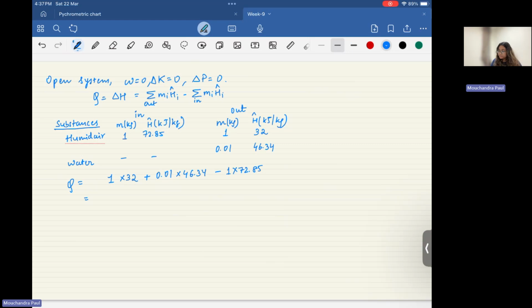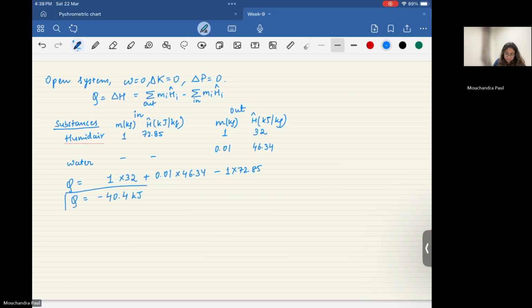So what do you get? Minus 40.4 kilojoule, which is the heat removed.